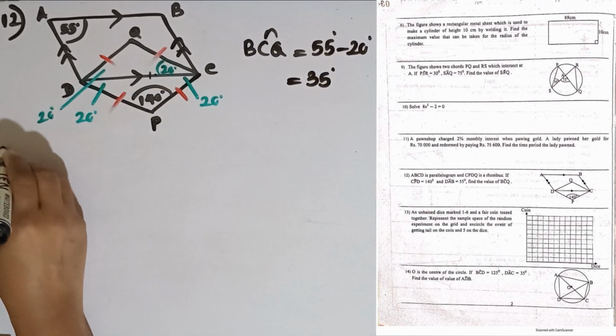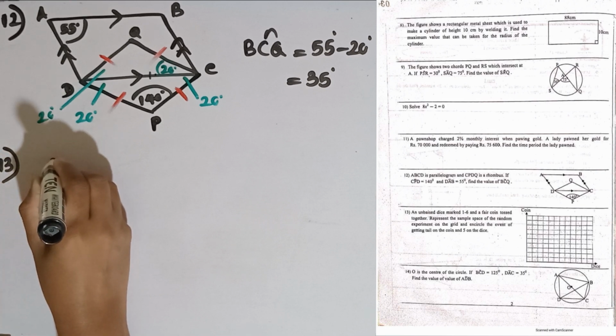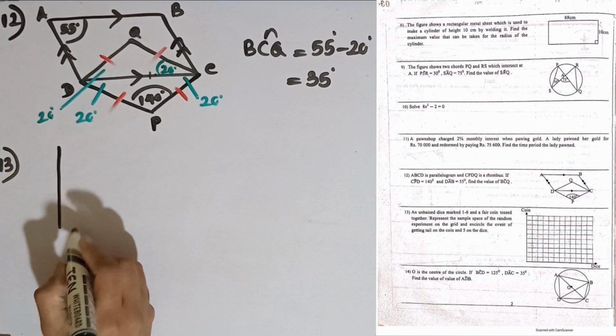Then question number 13. An unbiased dice marked 1 to 6 and a fair coin tossed together represent the sample space of the random experiment on the grid and encircle the event of getting tail on the coin and 5 on the dice. We can draw the sample space like this.